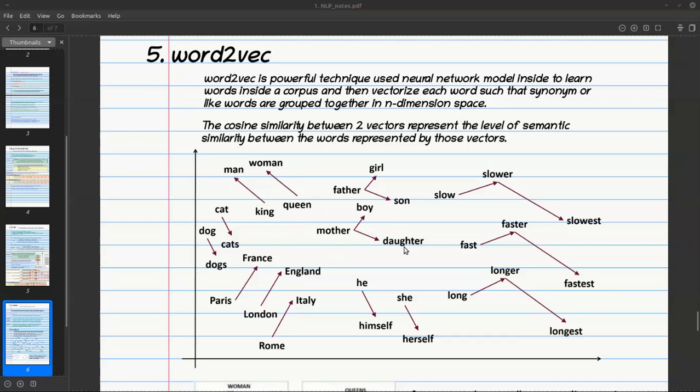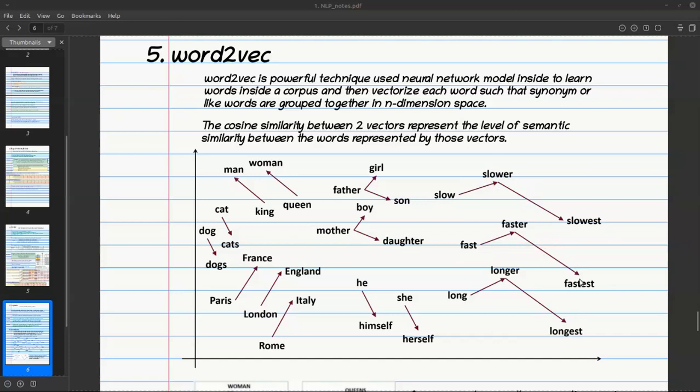It tries to preserve as much of the semantic meaning of the words as possible, right? Say slower and slowest are connected to each other with some meaning. So faster and fastest would have a similar direction, or vector representation, right?